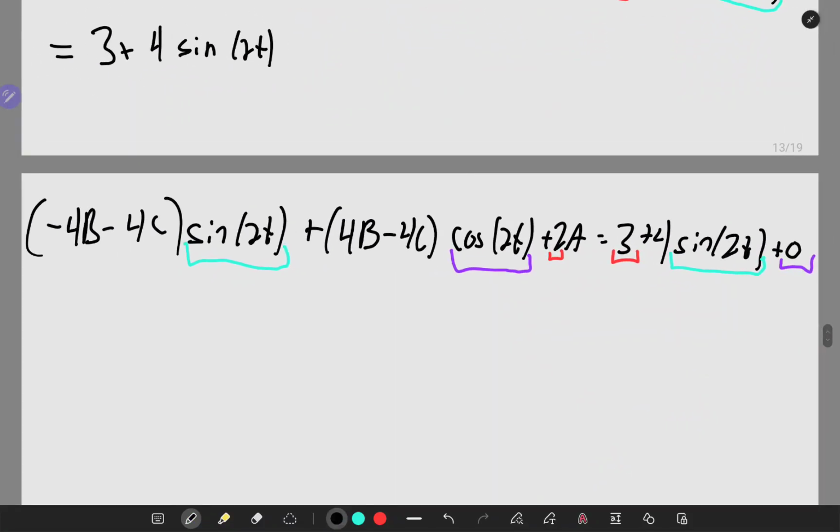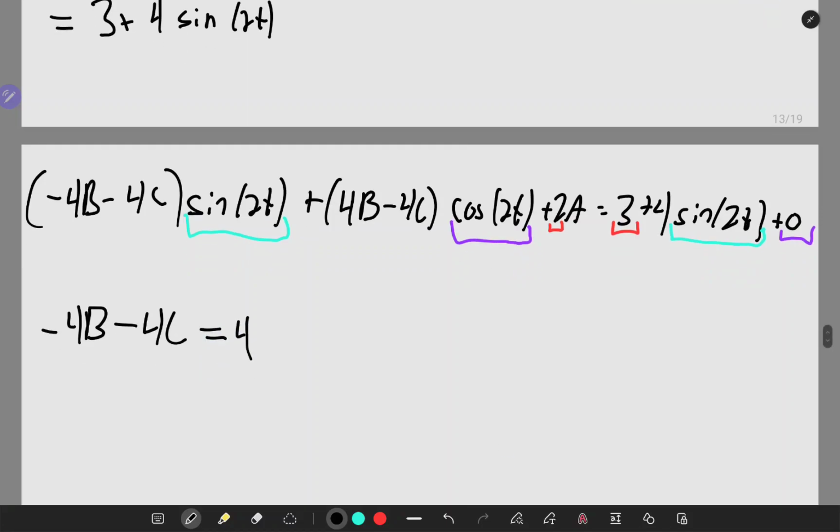So now if I write out these three equations, we're going to look at what's next to what I have colored. So minus 4b minus 4c is equal to 4. That's one equation. The next one, we have 4b minus 4c is equal to 0.